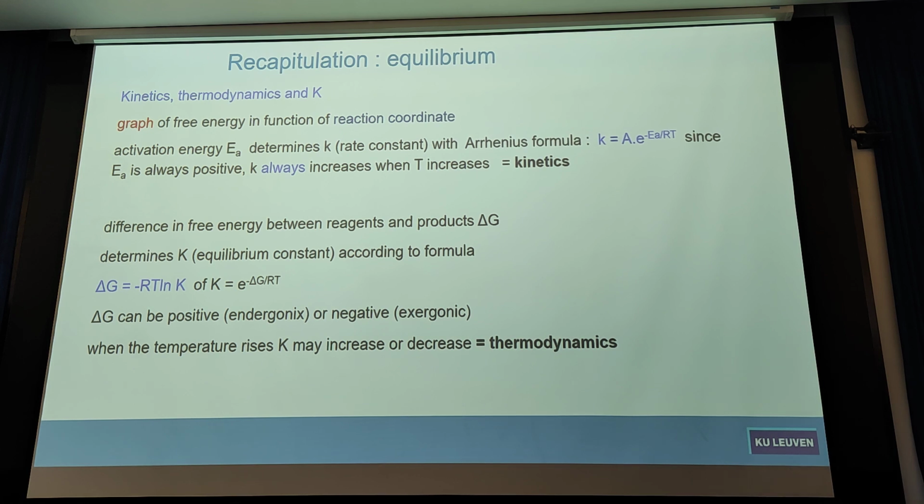So, what about the kinetics, thermodynamics, and the equilibrium constant? They're all interrelated. We can draw a graph of the free energy as a function of the reaction coordinate, as we have done a lot of times. In such a graph we can indicate the activation energy, and there are always 2 activation energies, depending on from which side we go over the transition state.